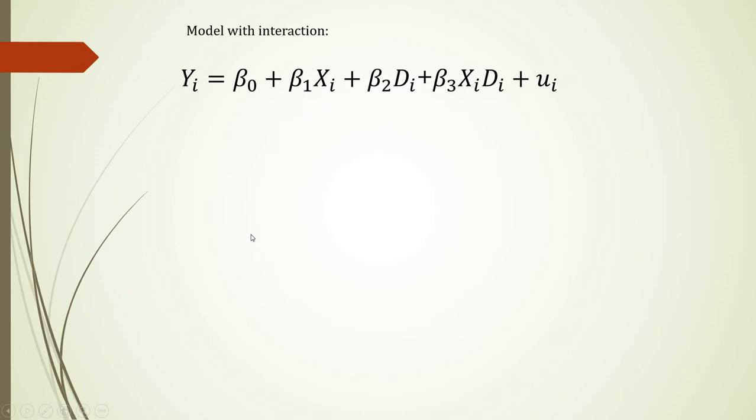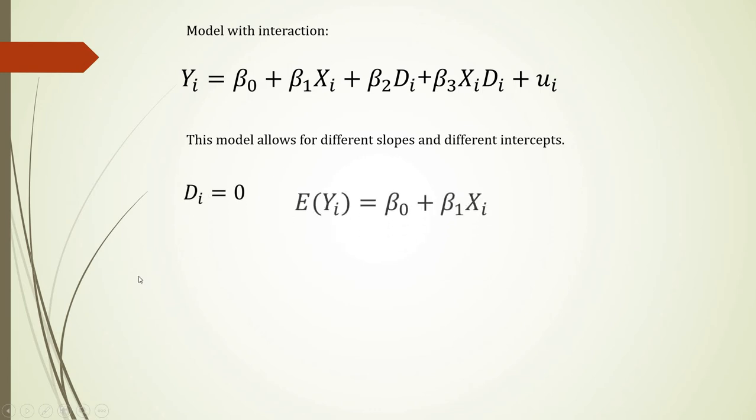But we want to see if it depends upon whether someone has a diploma or not. So we will put the interaction term xi times di in our equation. This model allows for different slopes and different intercepts. If d is equal to 0, then the expected value for y will be beta 0 plus beta 1 xi, if someone doesn't have a degree.